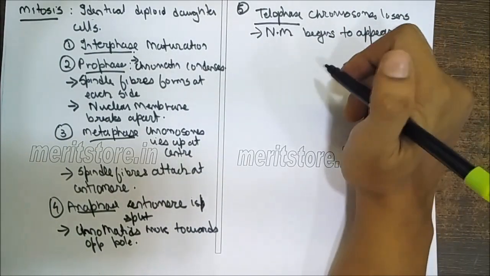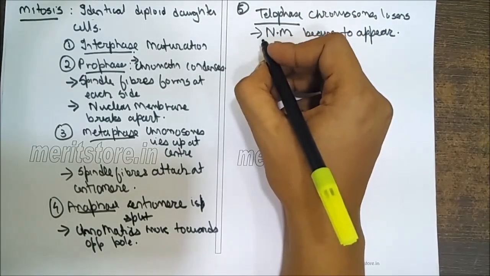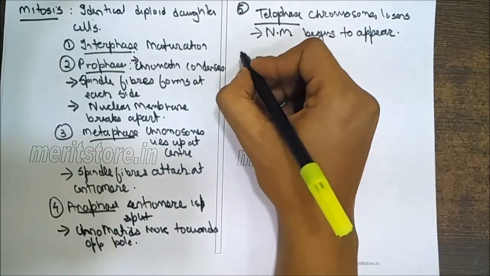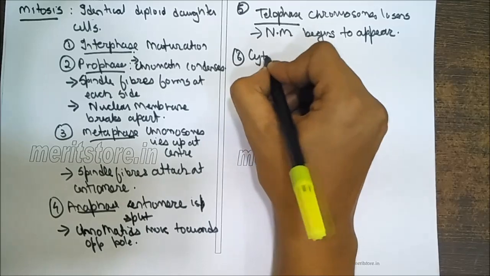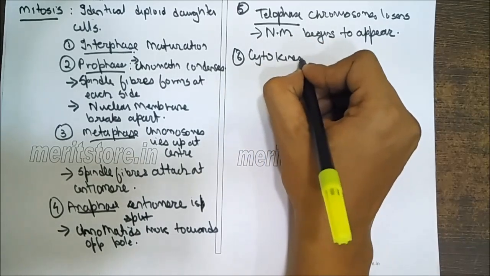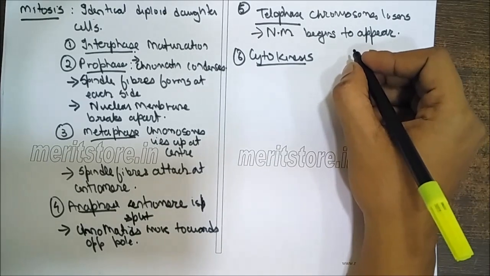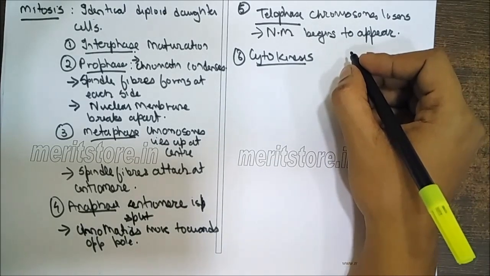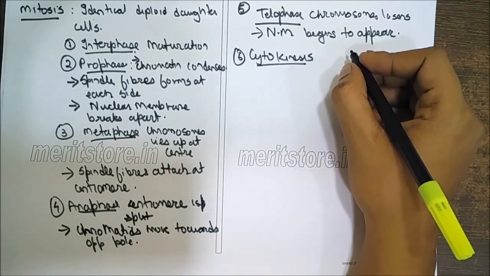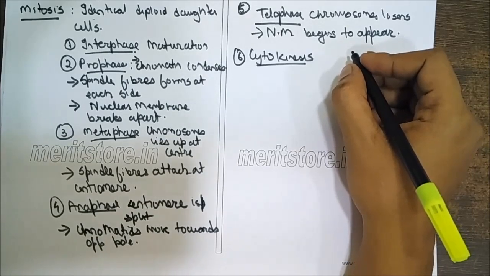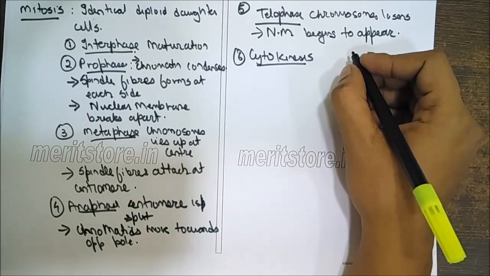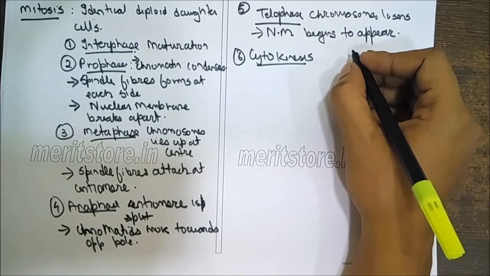Next phase is cytokinesis. In the cytokinesis stage, the cell membrane pinches and the cell plate is formed at the middle of the cell, dividing the cell into two separate daughter cells.